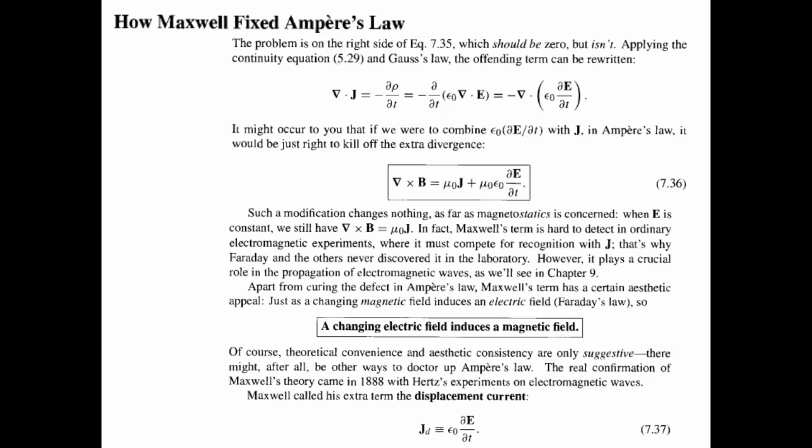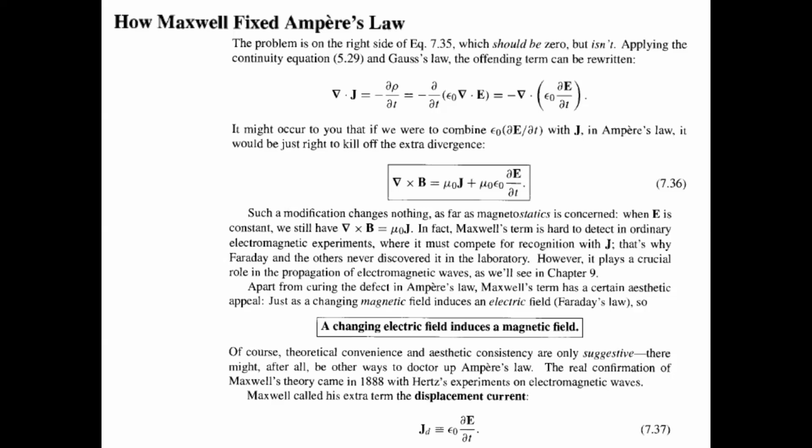So here, basically, the extra term we're adding with J. Now, this modification will not change anything as far as magnetostatics is concerned. When E is constant, we still have curl of B equals μ0 J, because when you do this equation, this term will actually cancel out.